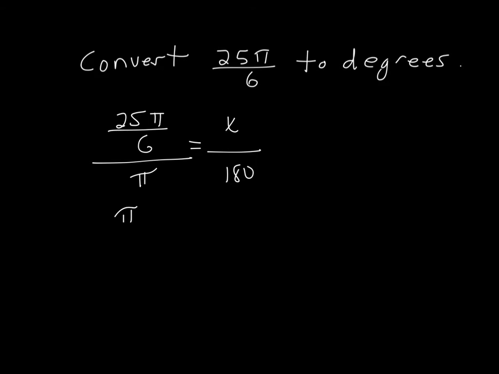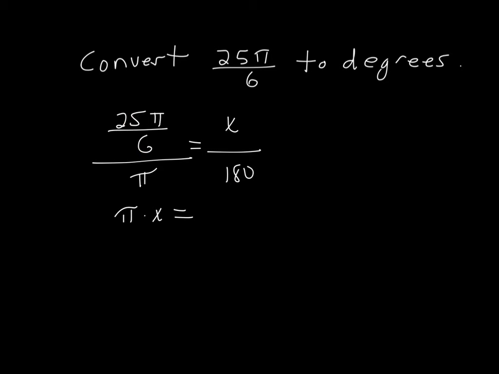pi times x equals, and this is where you might want to get a calculator out. It's probably going to be easier that way, because you're going to need to multiply this together. So on my calculator, I just did 180 times 25 and then divided that number by 6.